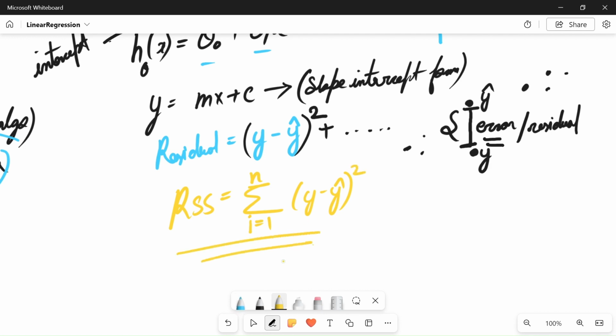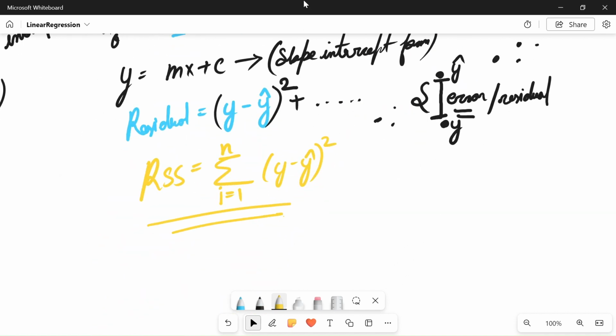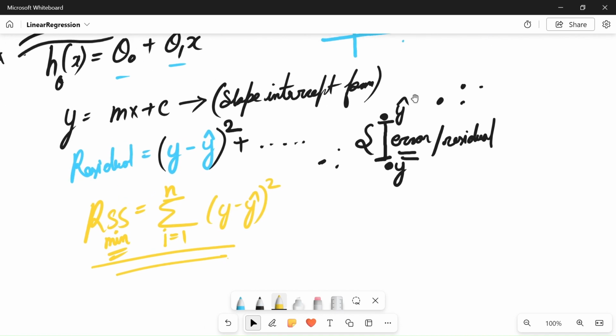Again, coming back to the topic, there's a fixed point in your plane through which the best fit line has to pass, and it will orient itself such that the RSS is minimized. Now, what is that point?